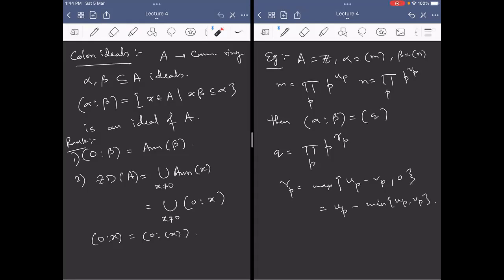So that's what you are taking, and then if you multiply N with this thing, the product will have all the prime factors with exponent at least UP, and thus this hypothesis will be satisfied. So therefore Q becomes M by GCD of M, N, which is the same as LCM of M, N divided by N.